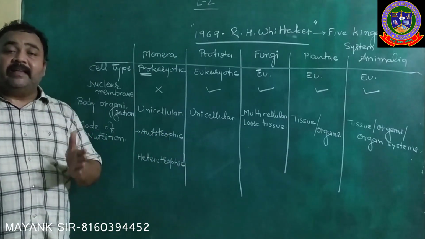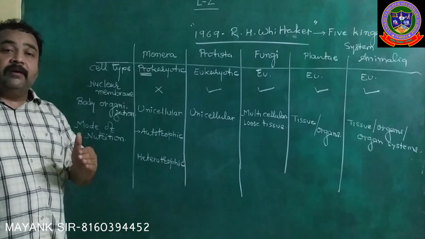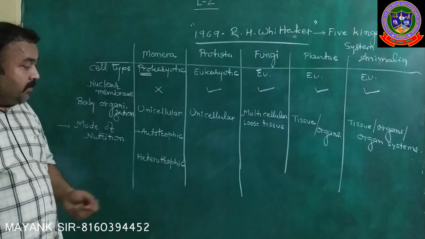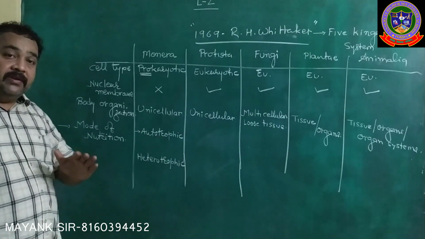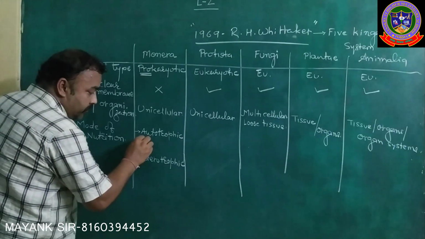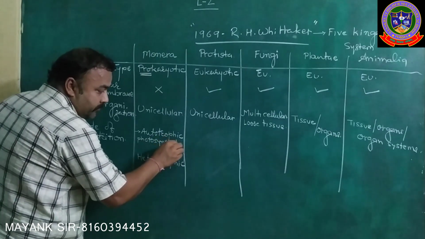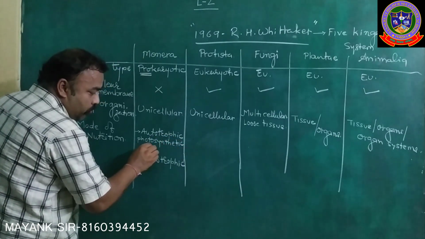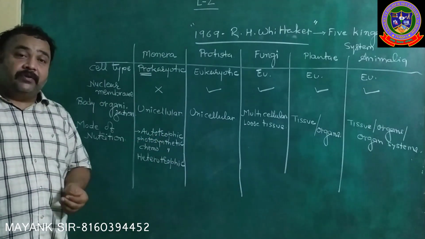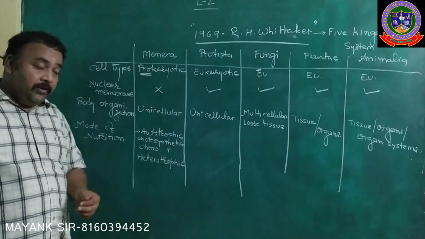Autotrophic means they can synthesize their own food. And heterotrophic means they have to depend upon others for food. Autotrophic mode of nutrition is again subdivided into two types: photosynthetic and chemosynthetic.